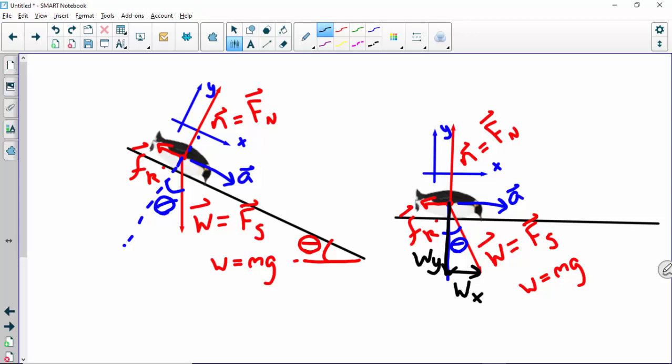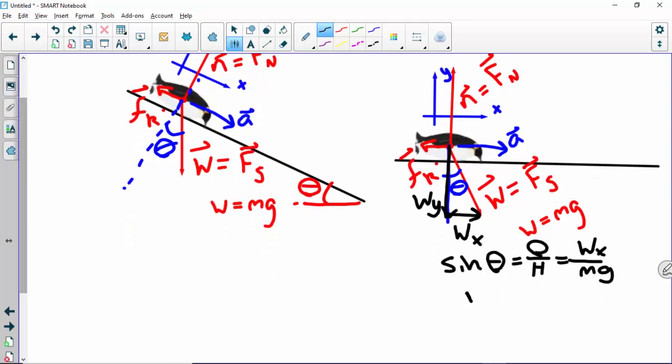So if we have sine of theta, that's going to be opposite over hypotenuse. The hypotenuse is the long side here, which is equal to the weight, which is equal to mg. The opposite is wx, so we have wx over mg.